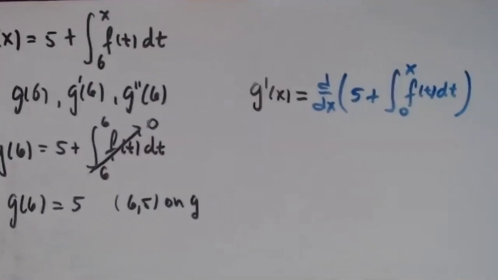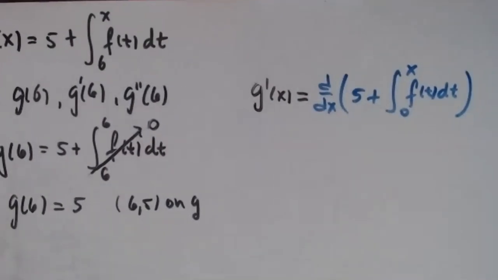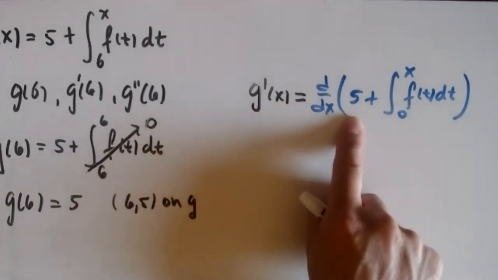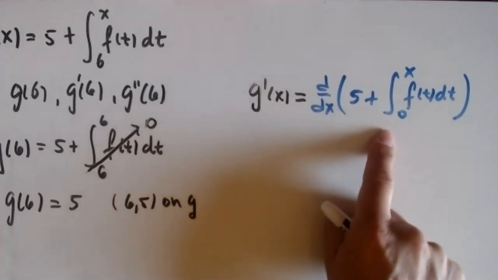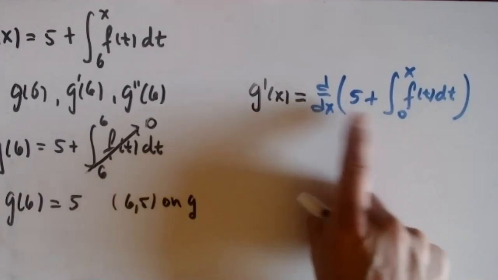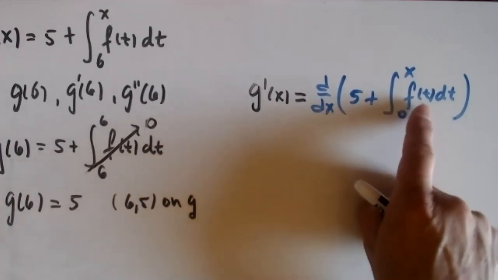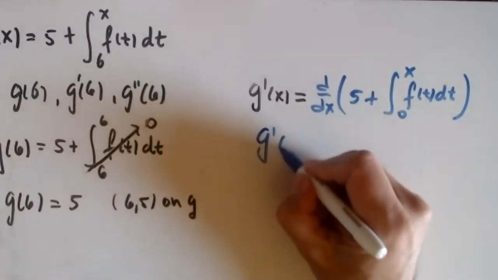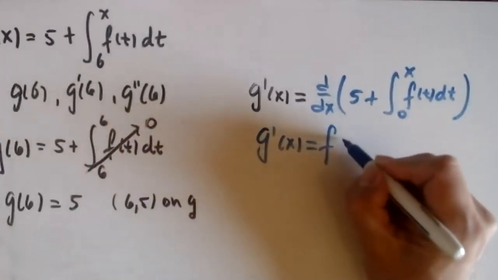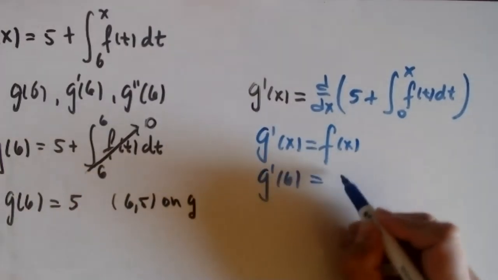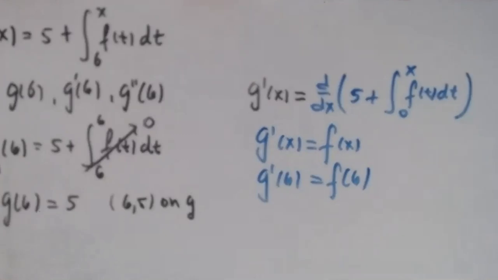This one. So here is the derivative I have to calculate. Now, the derivative of the 5 is 0, and the derivative of this is the fundamental theorem, the second form. The derivative and the integral cancel, so I have f of x. So g prime of x equals f of x. So g prime of 6 is the value of the function at 6.